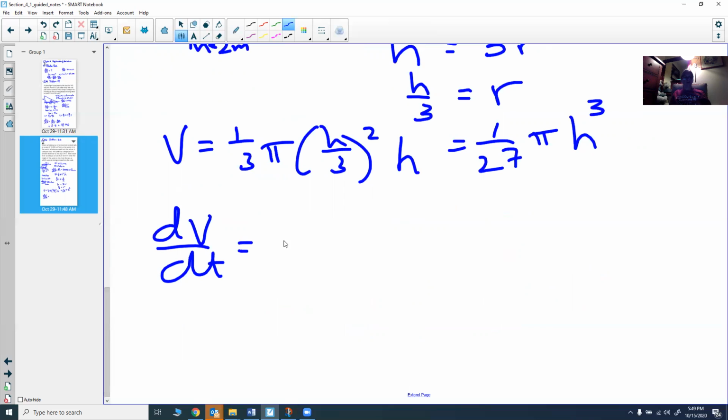We know how h is changing over time, and we know how volume is related to h.